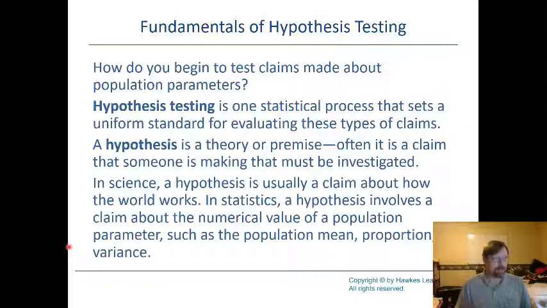In science, a hypothesis is something about how the world works. In statistics, it's a claim about the numerical value of a population parameter, such as the mean, proportion, or variance. So 4 out of 5 dentists is a proportion. Less than 1% of dogs would also be a proportion in the previous example.